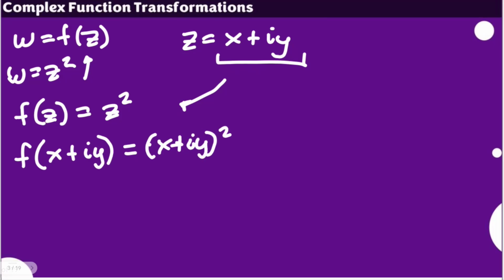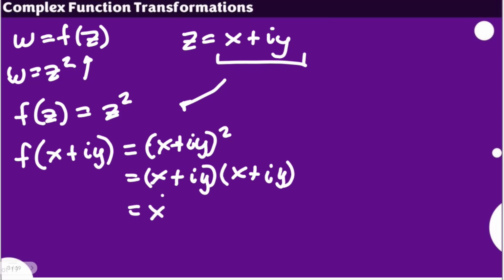And of course, we know that if we're going to multiply that, it stands like x plus iy times x plus iy, or squaring a binomial, you'll have x squared, then plus ixy plus another ixy, and you have here plus i squared y squared.